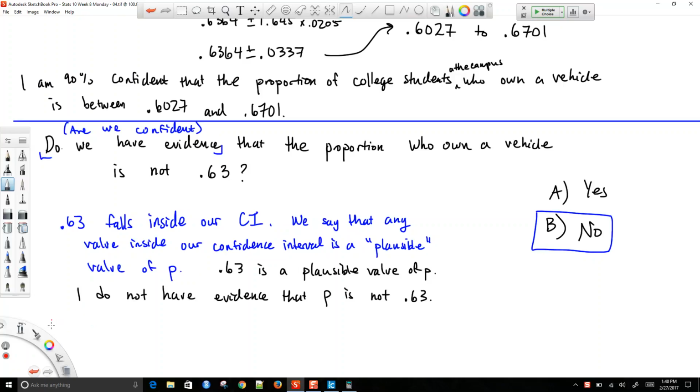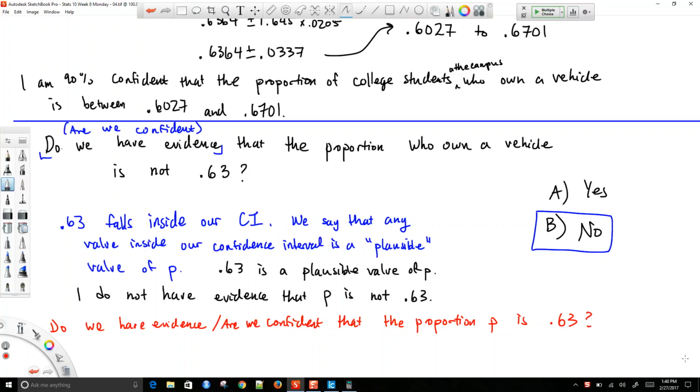If somebody says, do we have evidence, or are we confident, that the proportion P is 0.63?